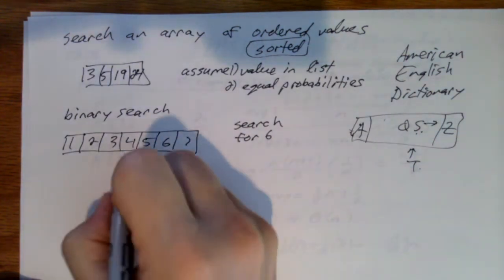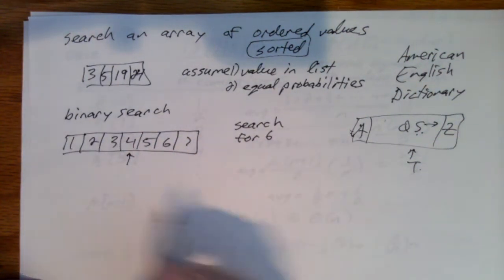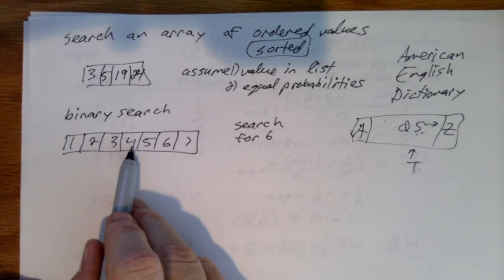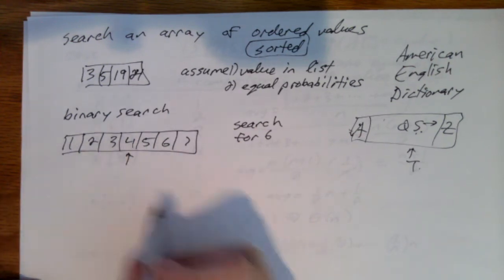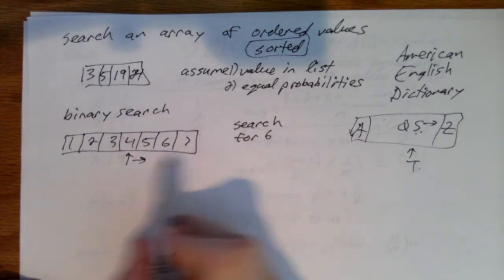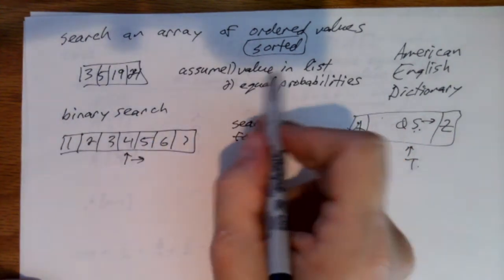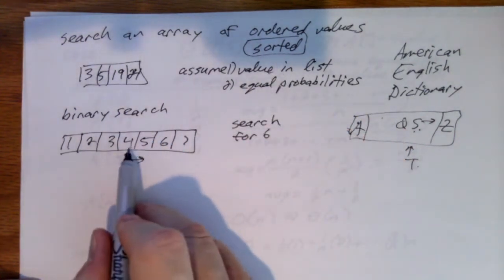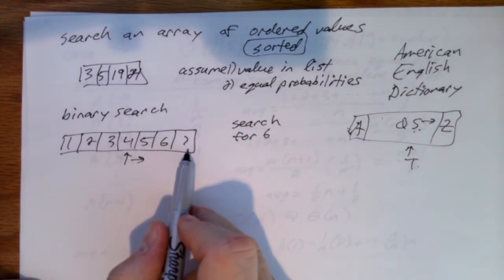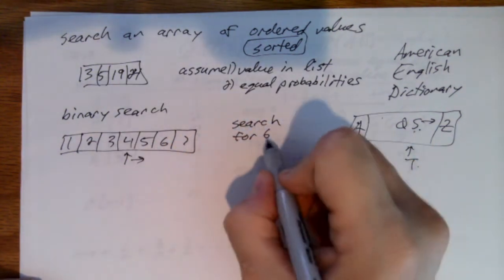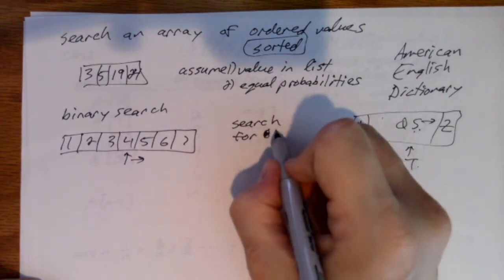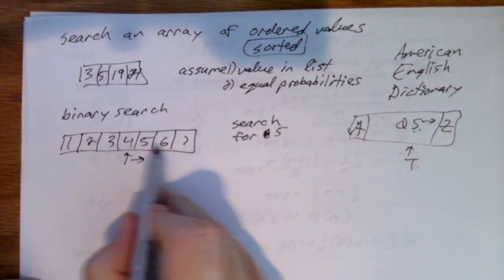So what I'm going to do is look at the midpoint. And so the middle number is 4. Because I know this is ordered, I know that 6, if it's in the list, and we're assuming that here, has to be to the right. In fact, let's say we're looking for 5, because that will let me do this longer. Okay? So I know 5 has to be to the right.